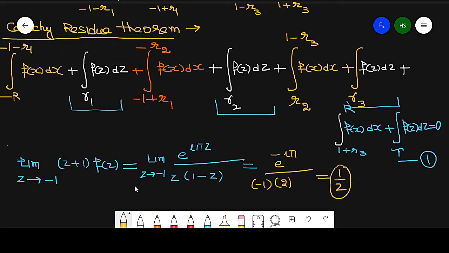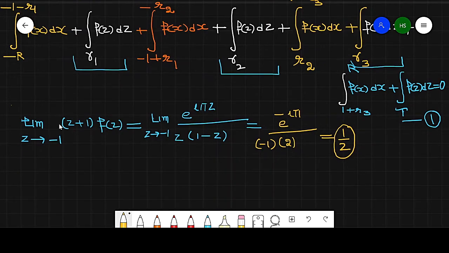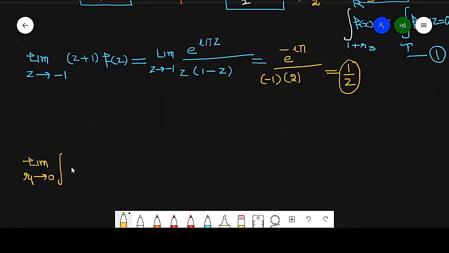What is the value of the integration around gamma 1? The limit as R1 approaches 0 of the integration of f(z) dz around gamma 1 is equal to iota times (theta 2 minus theta 1) times K1.